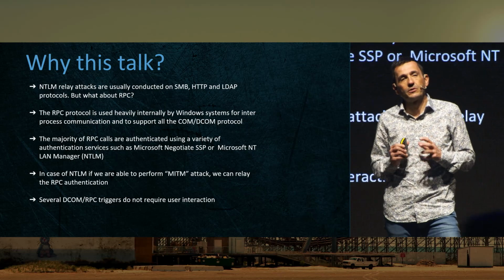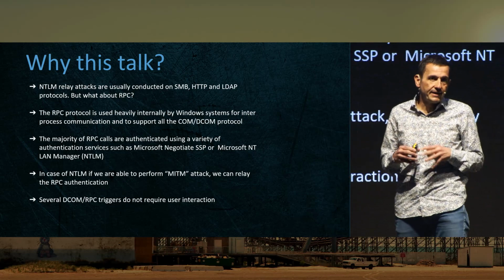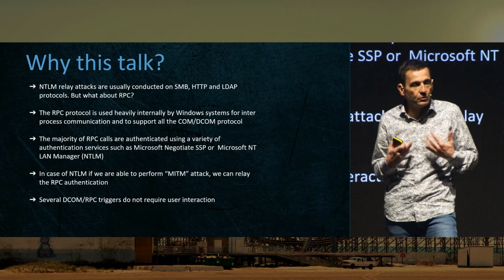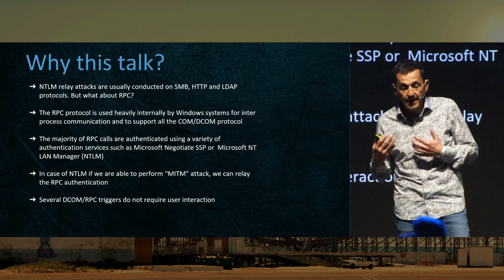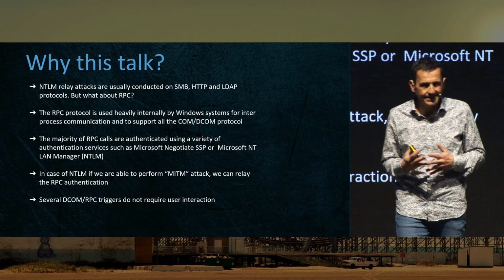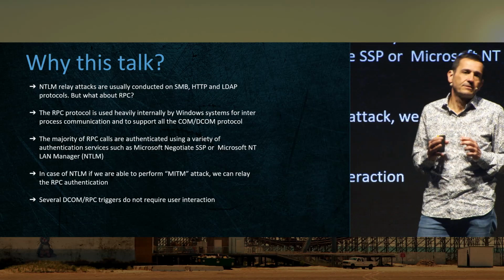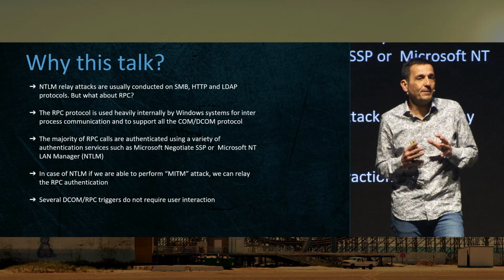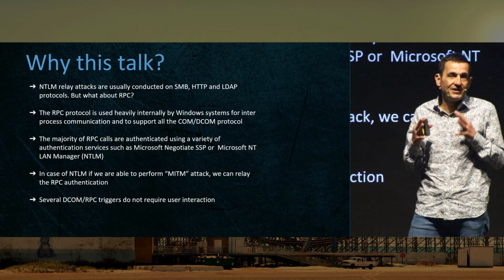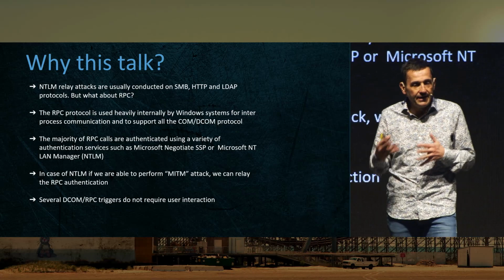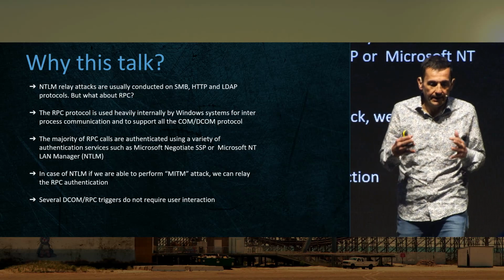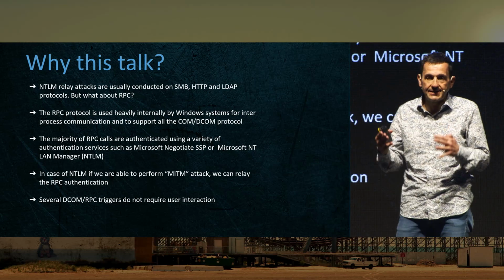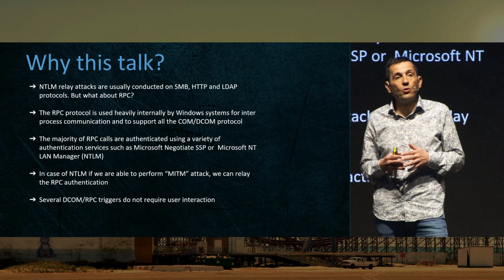Because RPC is a protocol which is heavily used in Windows and to support the inter-process communications for COM objects and so on. And the interesting thing is that RPC calls are always, or very often, authenticated, which exposes a particular attack surface, which is to relay the authentication, because RPC can use different authentication mechanisms, such as negotiate or NTLM.